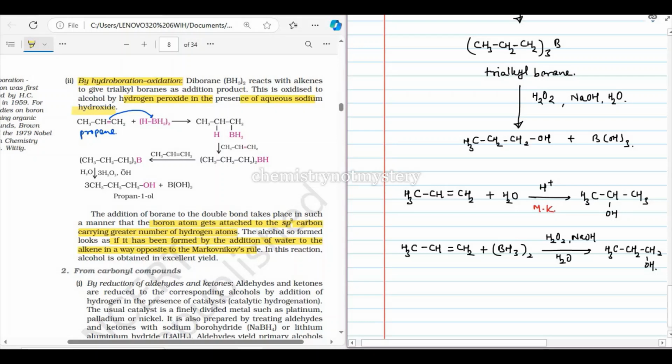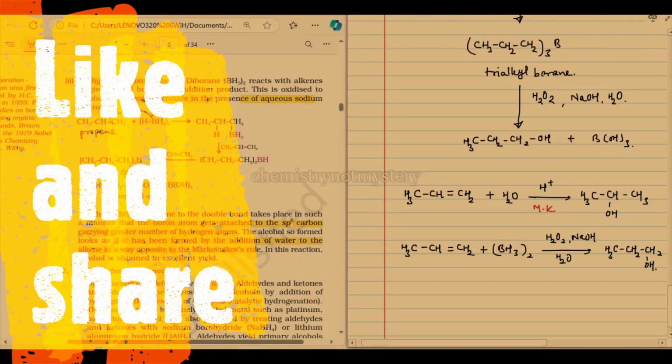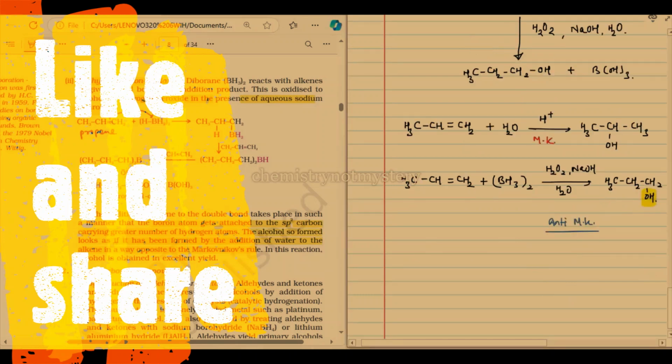So when you see the product of this reaction, here OH gets attached to the carbon which is bonded to more number of hydrogen. So this product seems to be formed according to anti-Markovnikov rule. So why does it seem to be formed according to anti-Markovnikov rule? Actually the reaction takes place according to Markovnikov rule, but the product seems to be formed according to anti-Markovnikov rule. So why is it so?